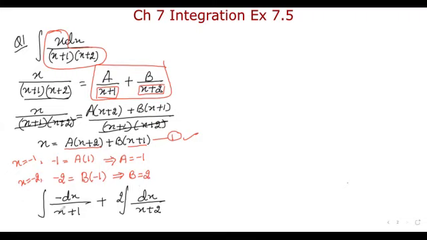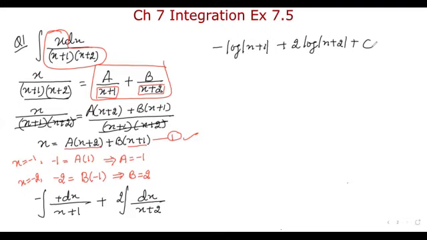Now the minus we can take outside, that is not the problem. Integration of 1 upon x plus 1 is minus log x plus 1 and plus 2 log x plus 2. Since this is an indefinite integral, the constant of integration will come here.